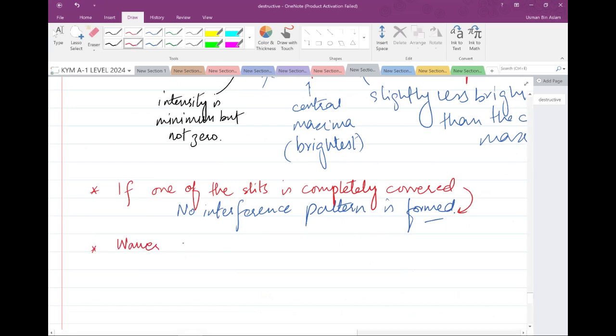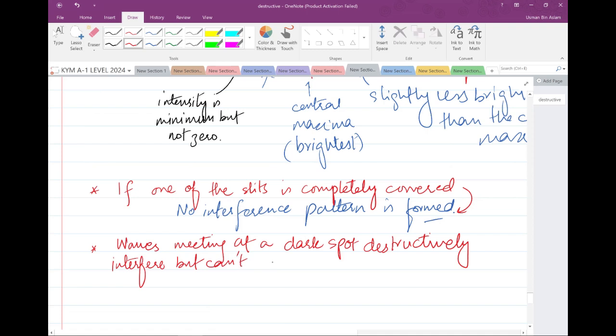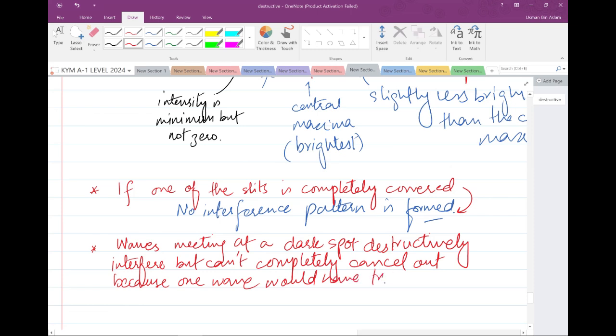Waves meeting at a dark spot destructively interfere, but can't completely cancel out because one wave will have traveled a longer distance than the other.